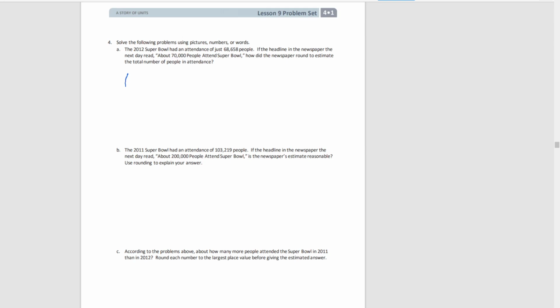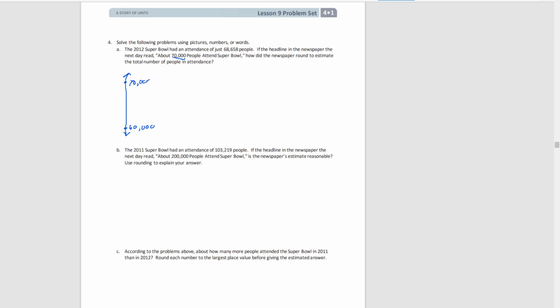Okay, I'm going to draw a number line to show this. And I see that the value that changed here was the 10,000s. And this is a number that it could have rounded to if I rounded my original number to 10,000s. So I think the newspaper rounded to 10,000s. And I'm going to see if I can show that.